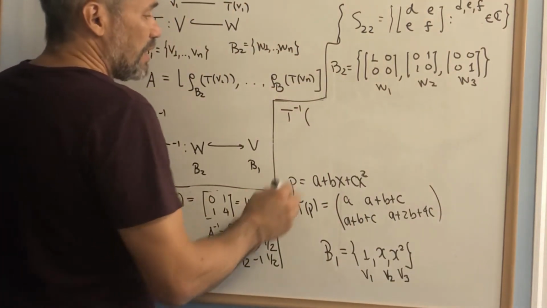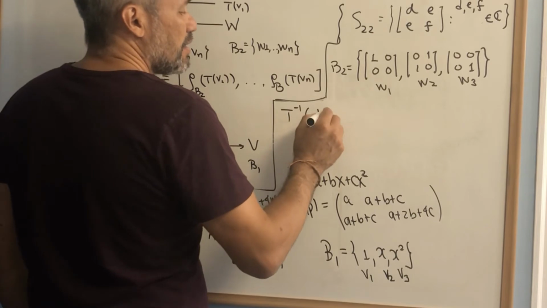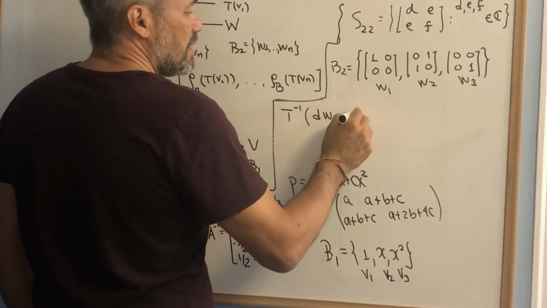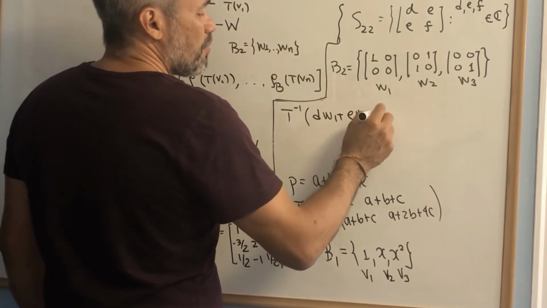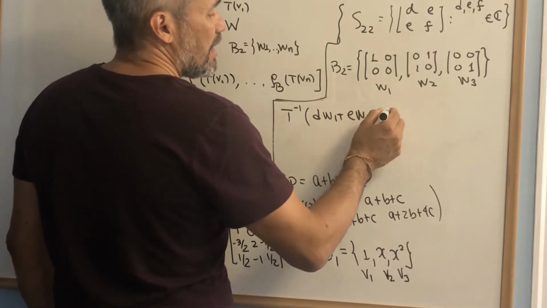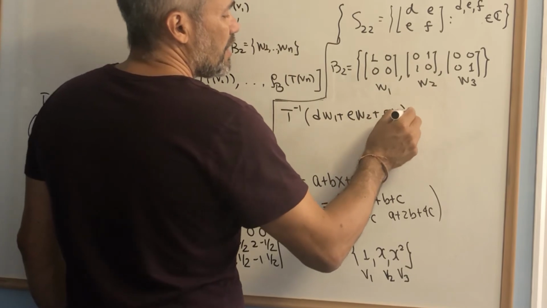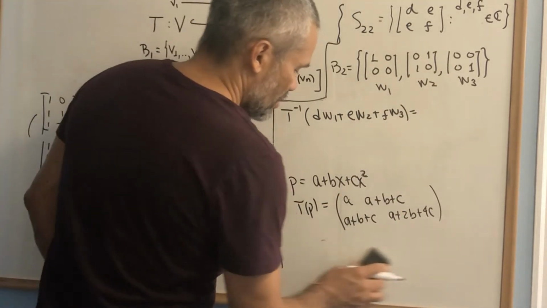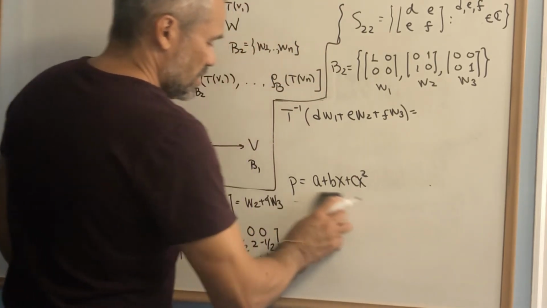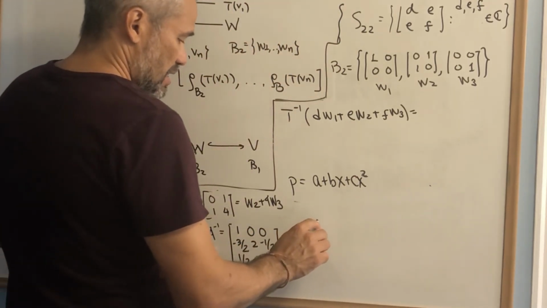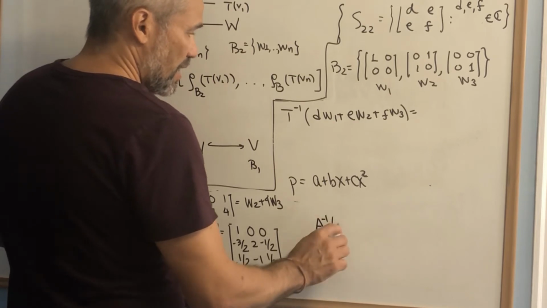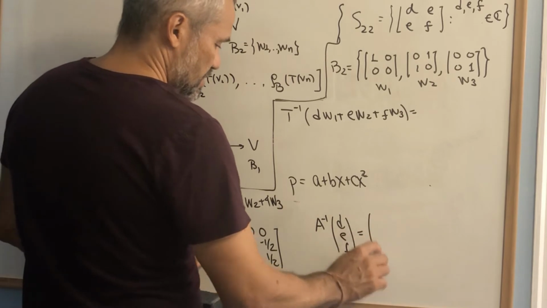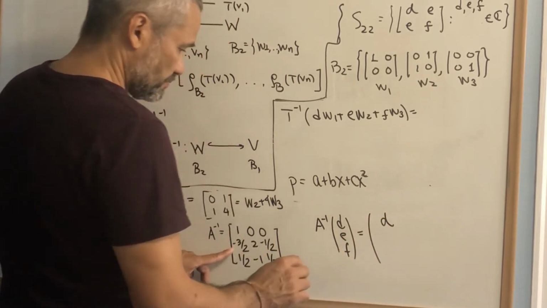The inverse will take D W1 plus E W2 plus F W3 into... let's see what A inverse applied to D, E, and F is.